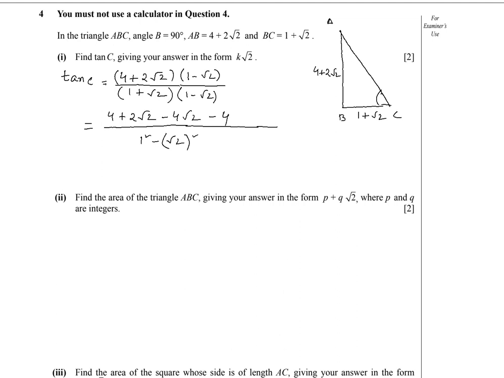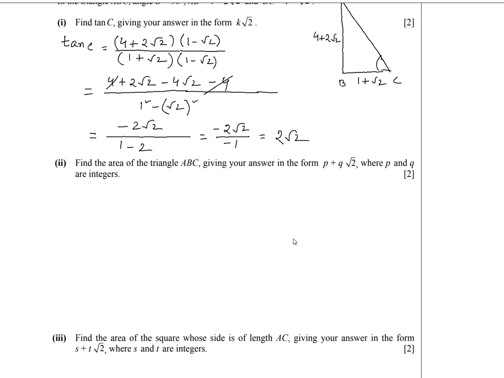Positive 4 and negative 4 cancel each other out. So in the next line we get minus 2 root 2 over 1 minus 2. So we can write minus 2 root 2 over minus 1, which equals 2 root 2. So this is the value of tan C, 2 root 2.